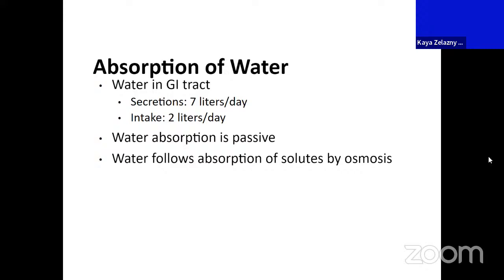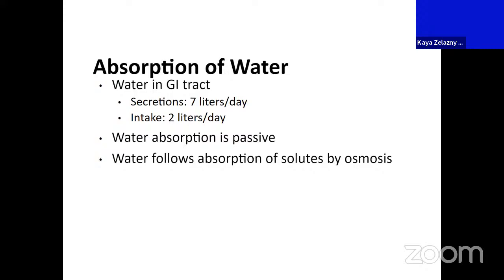We've talked about how we digest our different types of macromolecules and what's going on in terms of the different enzymes we're using for our carbs, our proteins, and our lipids. Last time we ended by mentioning a little bit about vitamin absorption and what's going on with our solutes. So like what's going on with our sodium, our chloride, our potassium. Last slide of the set was talking about the absorption of water.